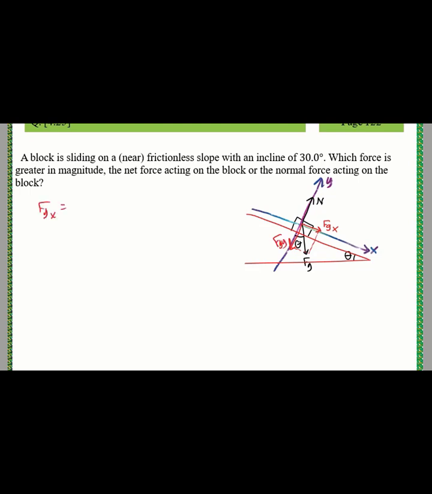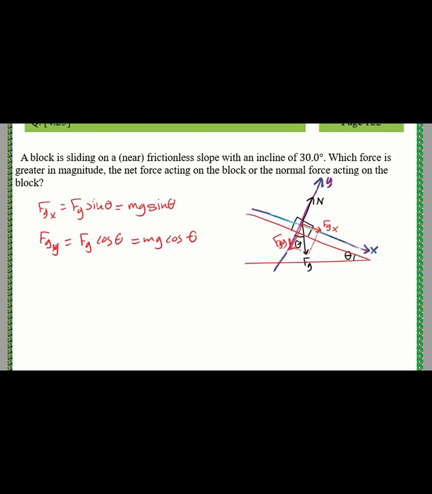Fgx equals Fg sine theta, which is mg sine theta. Now Fgy equals Fg cosine theta, which is mg cosine theta.